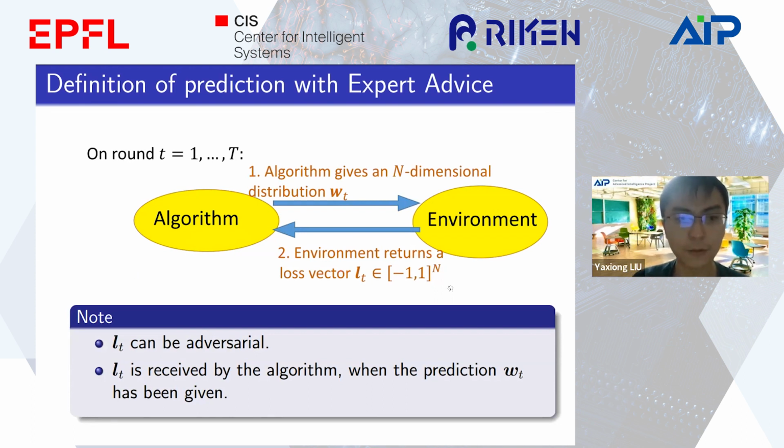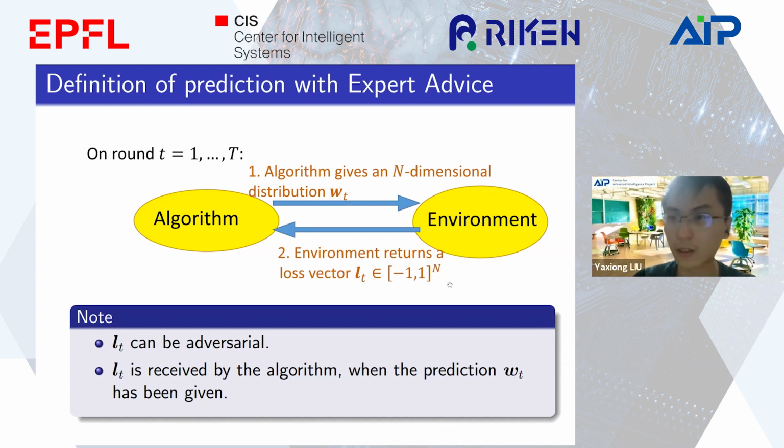I want to give two notices about these issues. Firstly, the loss vector can be adversarial, which means it is not necessary to be IID distributed from some underlying distribution. Second, for each round, the algorithm firstly gives the distribution and then receives the loss vector.